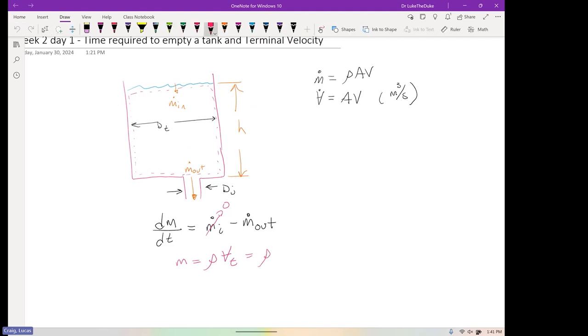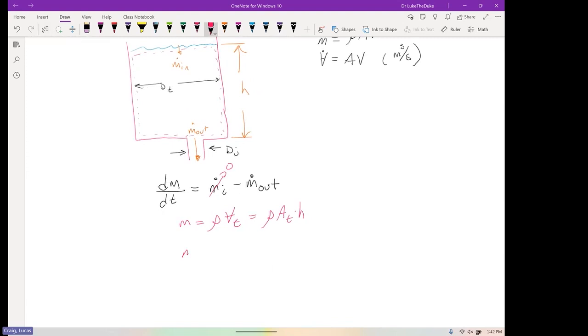We can break down the volume by what? Keep it a little simpler. What's volume? There we go, area times the height. So if you know the area of the circle, because it's a tank, and you multiply by the height, it's volume. You'll get it. And then the mass flow rate out, you told me, was above.